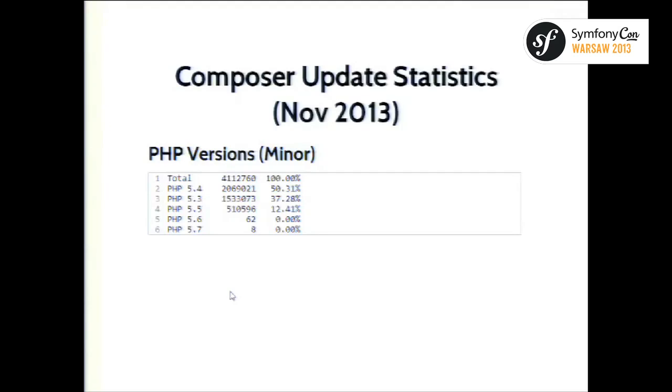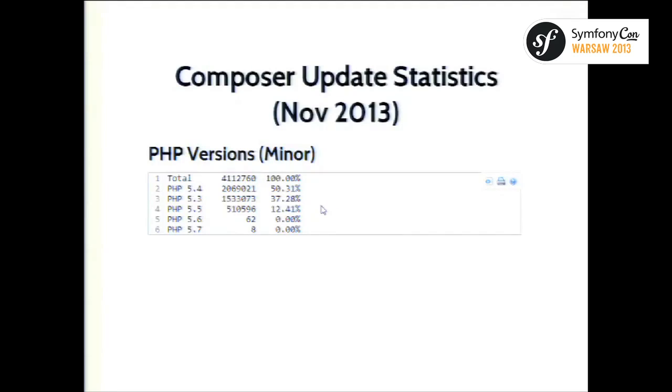The 5.7, actually, I think it's the master branch, right? That's Joe Watkins doing tests. Well, yeah, but I think officially the master branch is now called 5.7 because they branched out 5.6. So that could be it. But yeah, it looks a bit weird. But clearly it's not massively used, so not to worry.